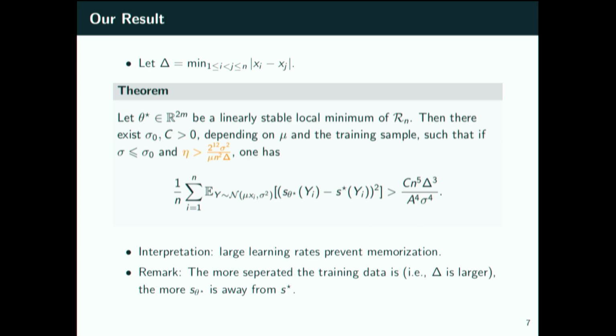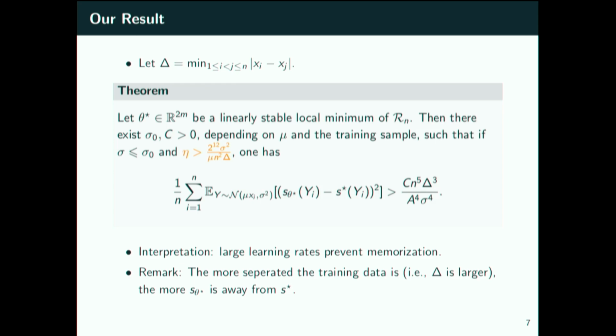Our result states the following. If we denote delta to be the minimum distance between two different data points, and consider theta star to be a linearly stable local minimum of Rn, then for small enough noise sigma and large enough learning rate eta, the distance between the learned score at theta star and s star is large, and is bounded below by the quantity on the right side.